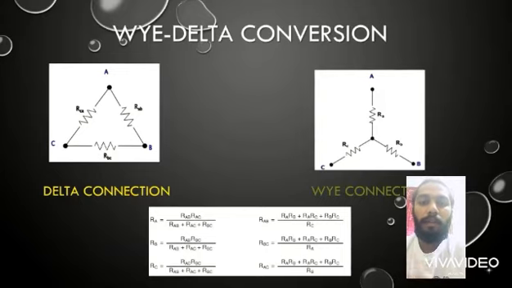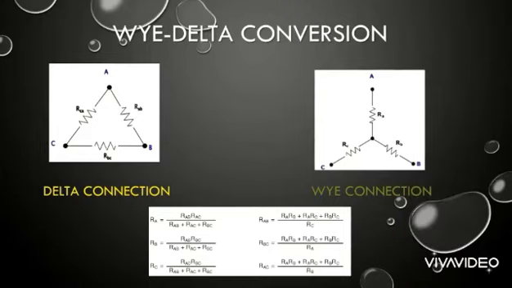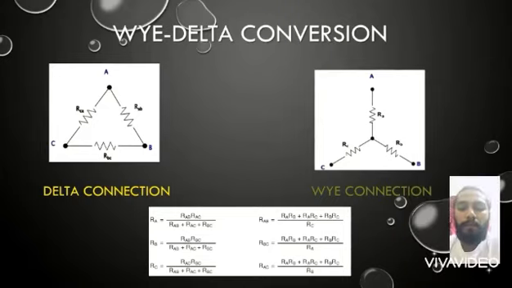Then RBC is RA times RB plus RA times RC plus RB times RC over RA. Then RAC is RA times RB plus RA times RC plus RB times RC over RB. That's the formula for this section.